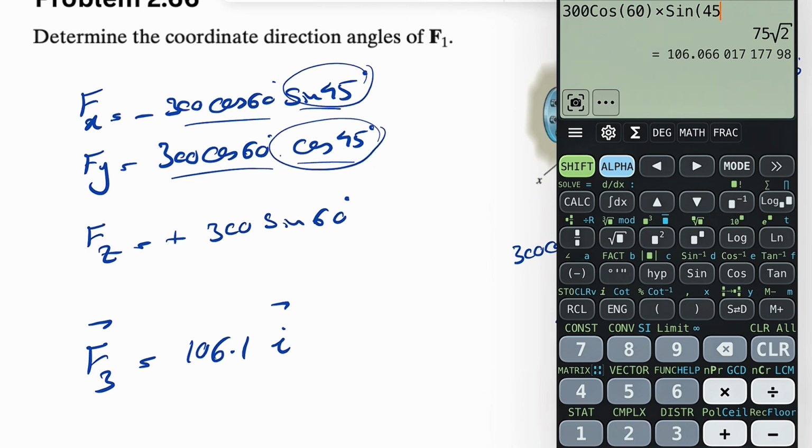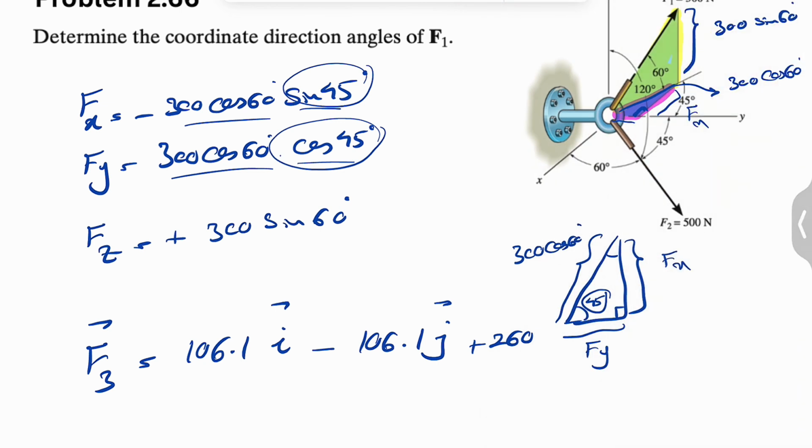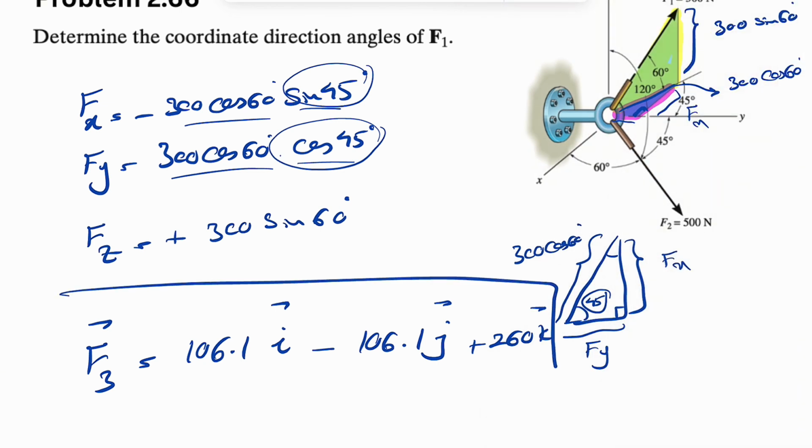We know the value of sine and cosine is the same for 45 degrees, so we're going to get the same thing, 106.1 j, just with a negative value. And for the z, we have 300 sine of 60, which is going to give us 259 or 260, and that's going to be the k. So that's the force F1, and the unit will be in newtons for all of them.